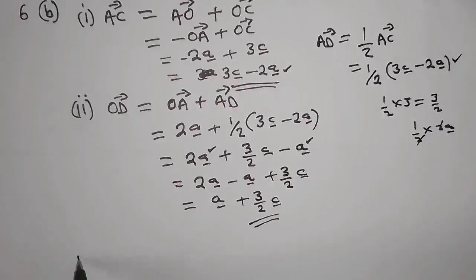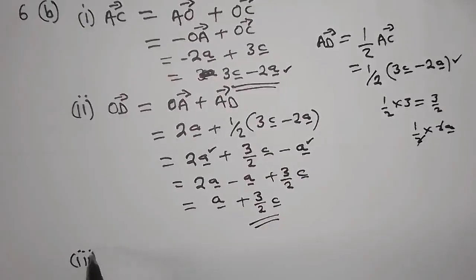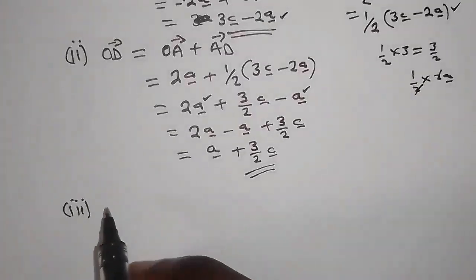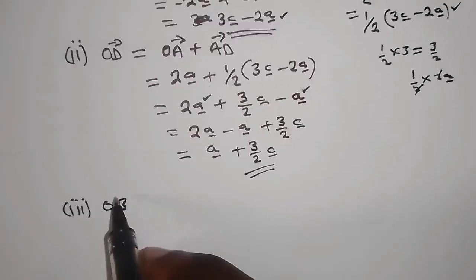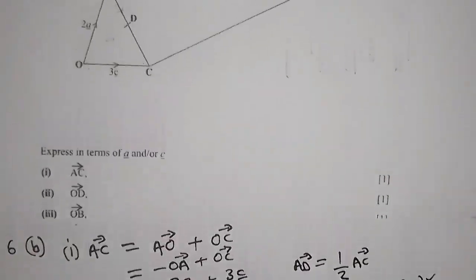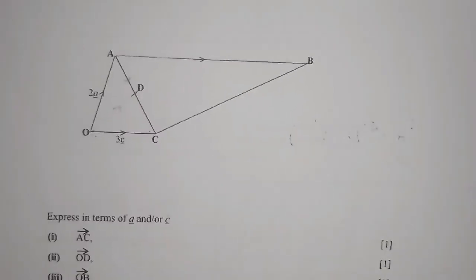Then followed by what is next now? So it's OB. When you go back to the diagram, what is OB?